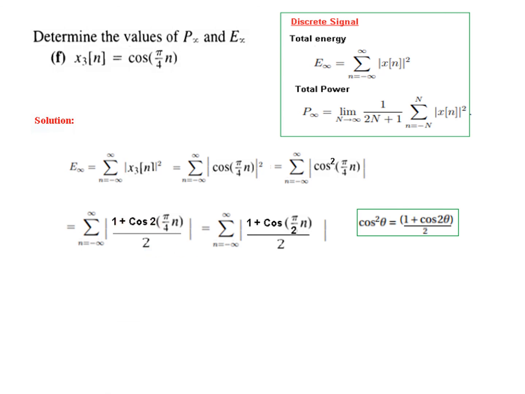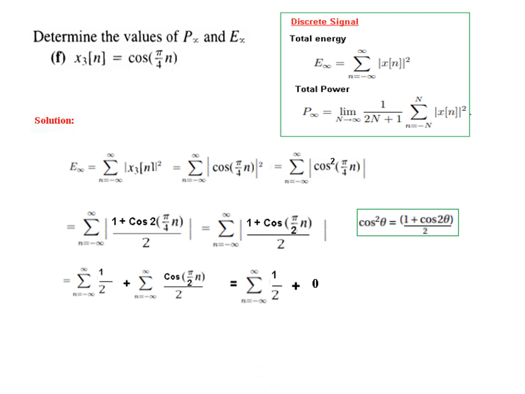We have broken it down in this fashion, and now 2 and 4 cancel, so it will become πn/2. Now we can separate the two terms. As we have discussed in continuous time, the integration of a sinusoidal signal is equal to 0 over whatever time period we consider. Similarly, for discrete time, the summation of a sinusoidal signal over an infinite time period will also be equal to 0.